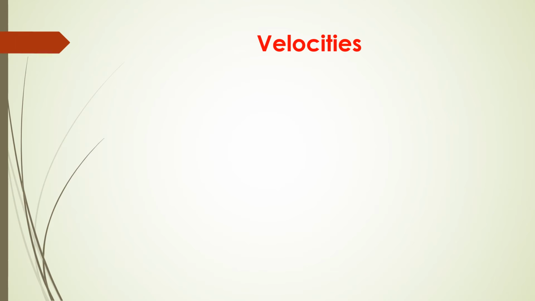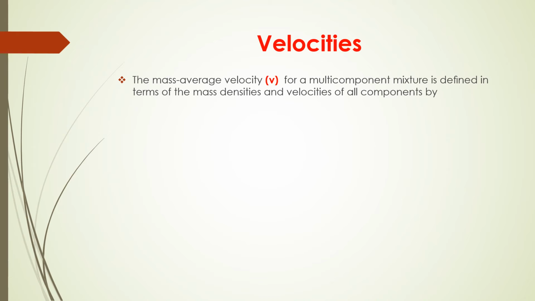Okay, next we will define velocities. So first, mass average velocity. So here it is a multi-component system. So the different species will have different velocities. That's why we will take an average velocity. So first, based on mass average. So the mass average velocity v for a multi-component mixture is defined in terms of mass densities and velocities of all the components.